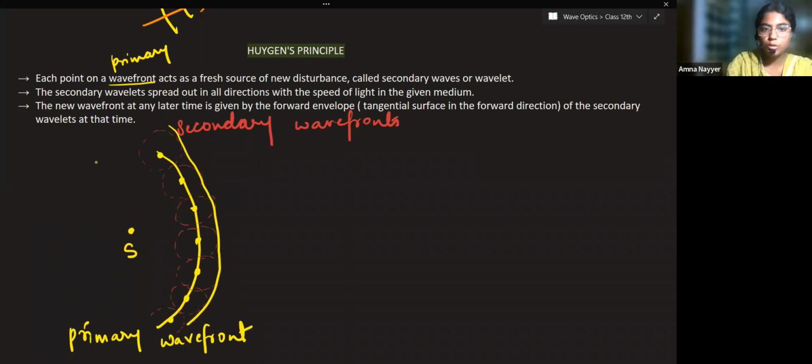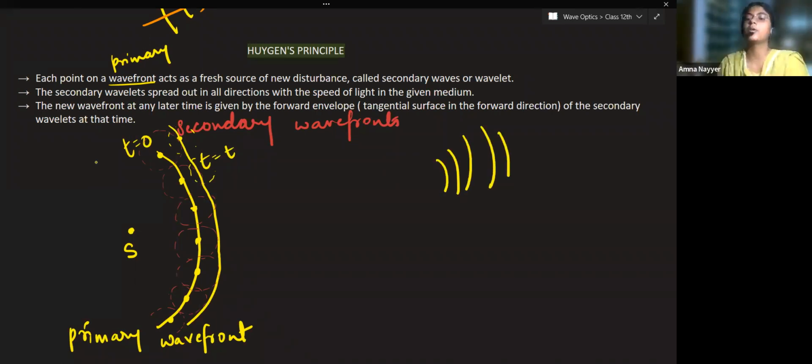Do you see this new propagation has occurred? Let's say this is at t equal to 0, and this has occurred at some time instant t. Then again, these points will act as sources of wavefront and form a secondary wavefront. Similarly, like this, the wavefronts will propagate.